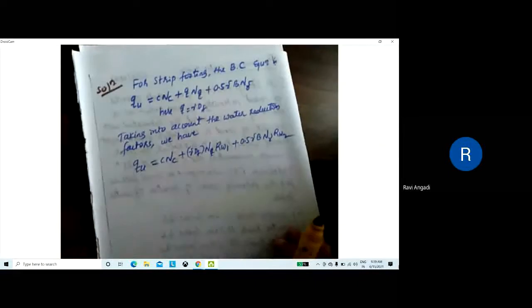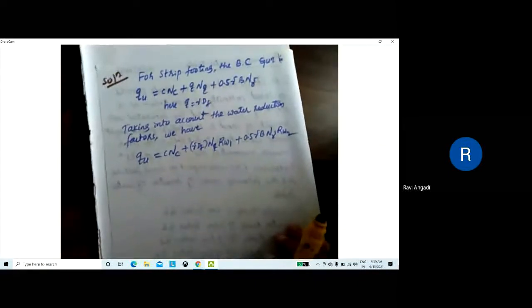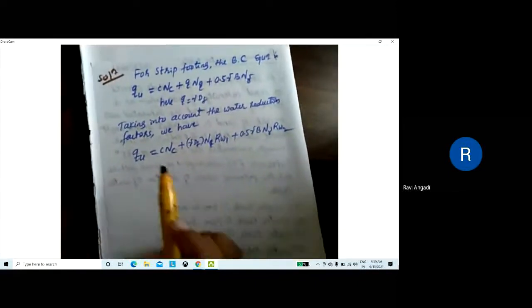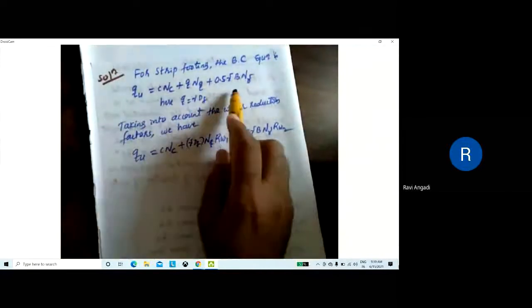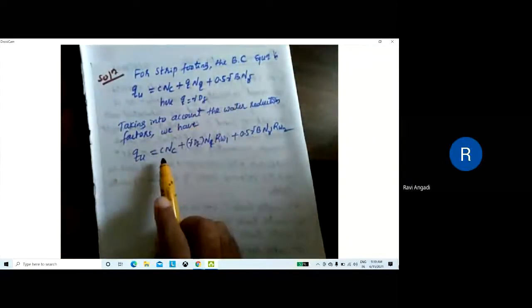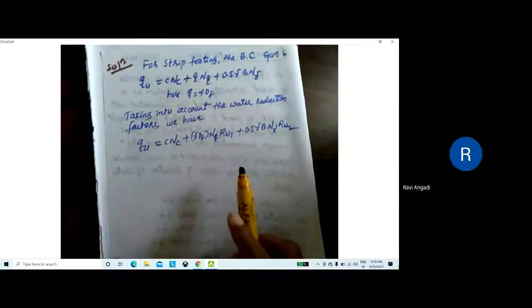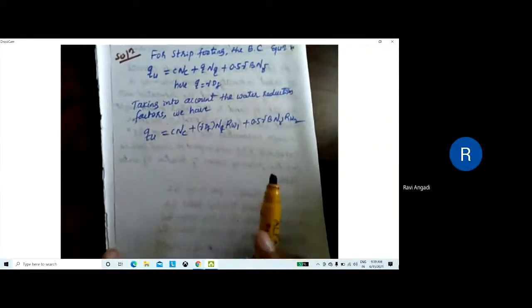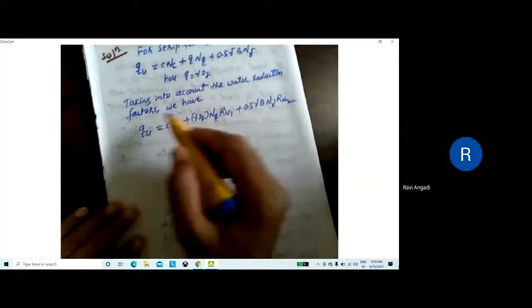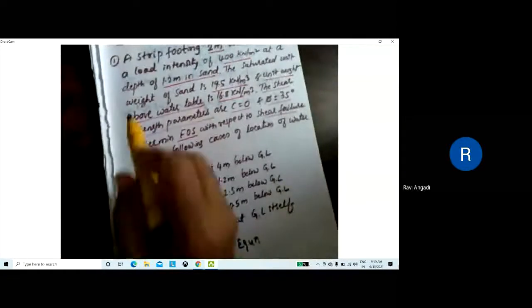But before calculating the value of qu, that is the ultimate bearing capacity, you should remember this equation, and how to introduce the water reduction factors. Also, for the present case, what kind of soil is given in this problem?